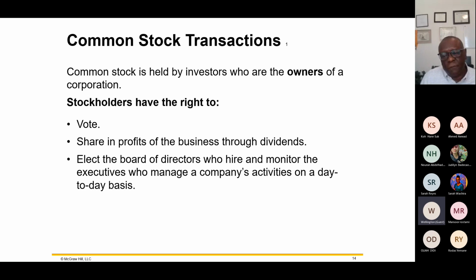I want you to see the two issues here. If I bring a question and say cash dividend declared 10,000, cash dividend paid 10,000, issue 5,000, the increase in stock account would be just 5,000.